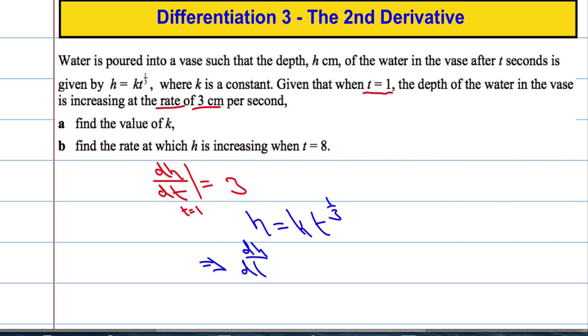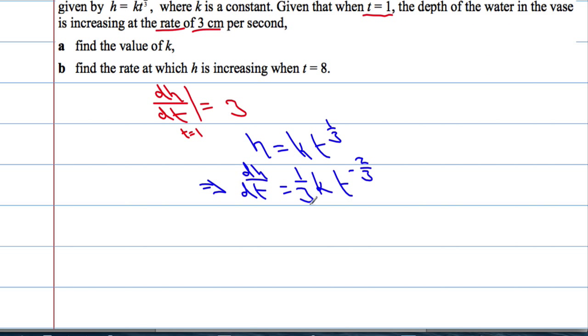So let's try and take the derivative. It's going to be 1/3, the power of t, multiplied by the coefficient, which is k, so 1/3 k. Reduce that power by 1, negative 2 over 3. So this here is going to equal 3 when t equals 1. Let's see if we can fill that information in.